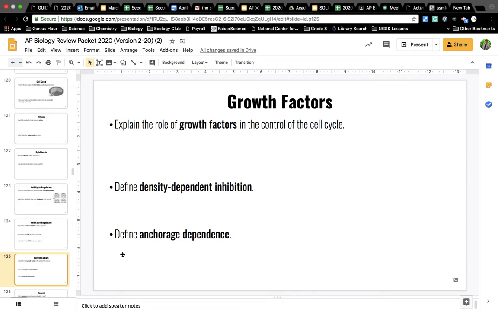And if we think back, well, what kind of receptors would those be? Are those G-coupled proteins? Are those receptor tyrosine kinases? Those are receptor tyrosine kinases. So we should remember what those are like. And then, of course, the PDGF is an example of a signaling molecule.